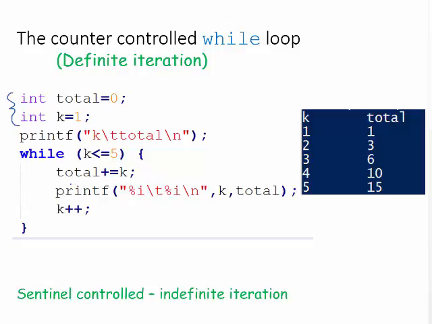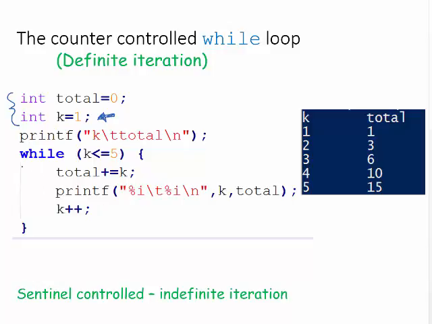I cannot just come in here and say while k less than or equal to 5 unless I've initialized k. There is an exception to that, but for now let's keep in mind that you must initialize your variables before you enter the while loop. Actually, it's the for loop that has the exception. Never mind, we'll get on to that. So you must initialize before you enter the loop.